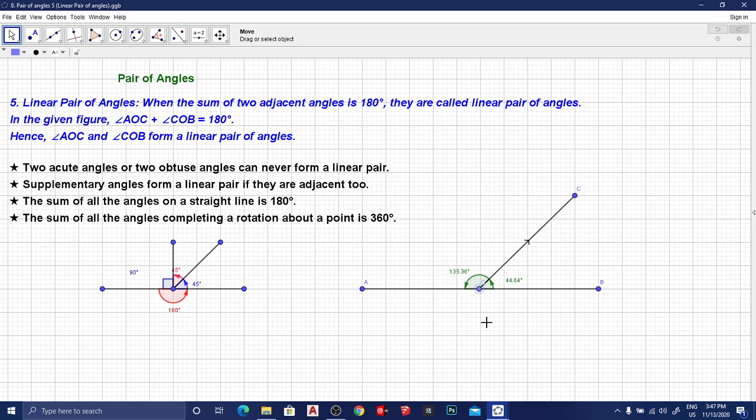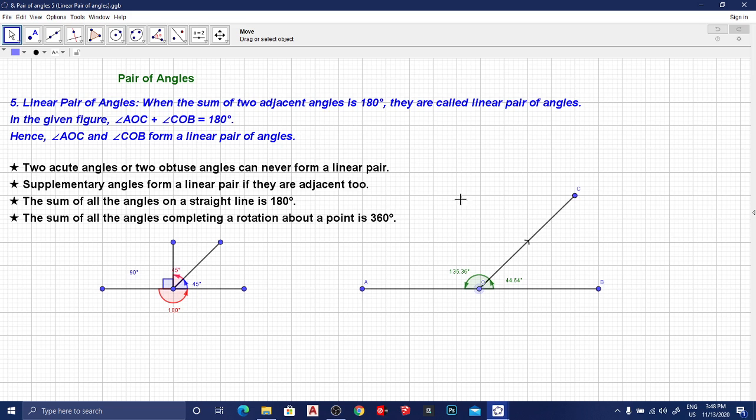That means if they are only adjacent angles, there is no need for the sum of the angles to be 180 degrees. If it is 180 degrees, those pairs of angles are called linear pairs. That is the difference between adjacent angles and linear pair.